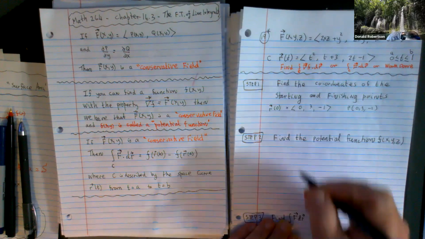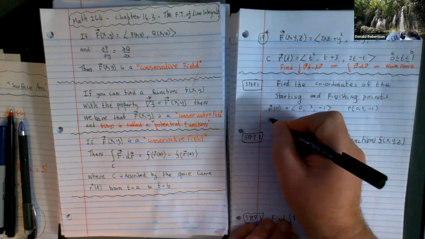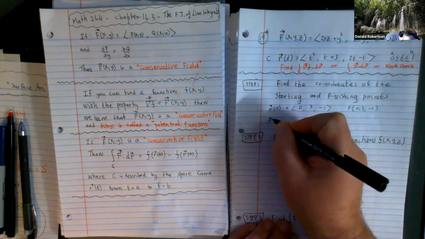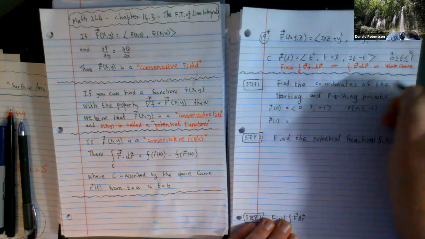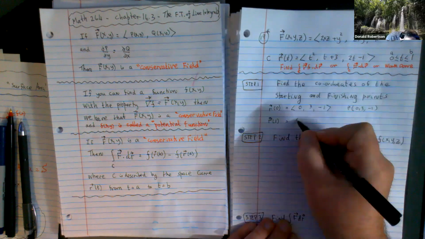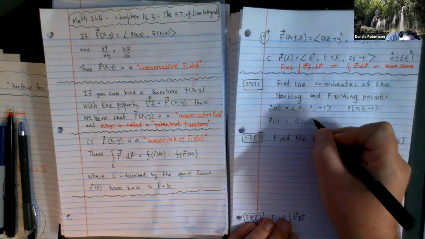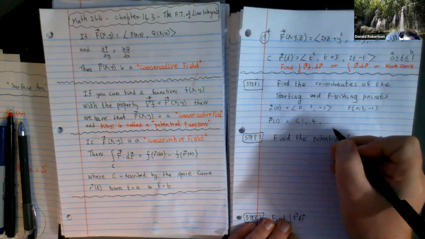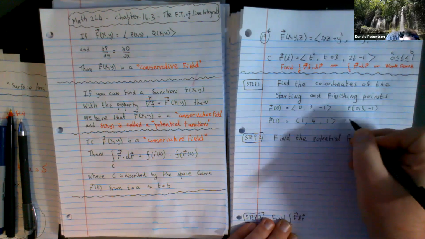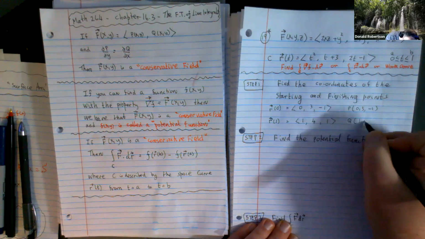And where does this thing end? It ends when t is 1. That's going to be 1 squared, 1 plus 3, and 2 lots of 1 take away 1. And so the end point is 1, 4, 1.